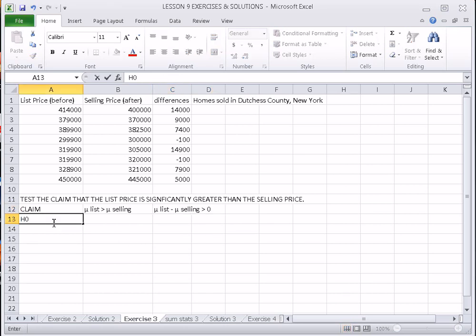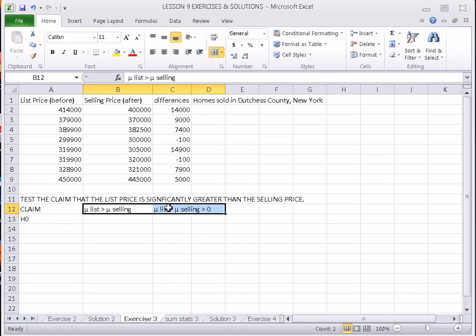The null hypothesis will be similar, except with the null hypothesis we always put the equals.